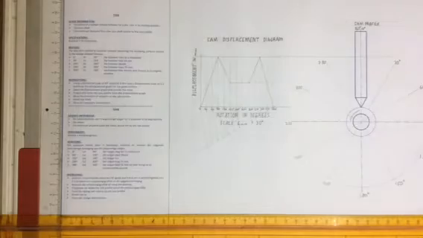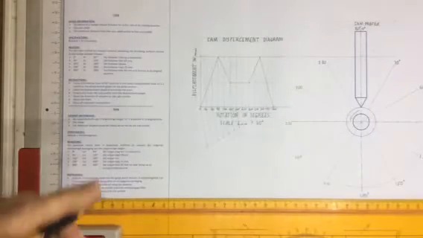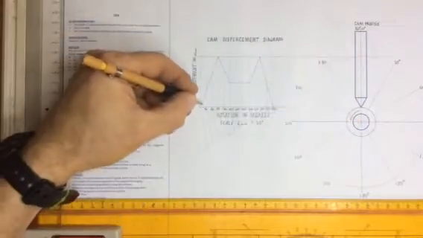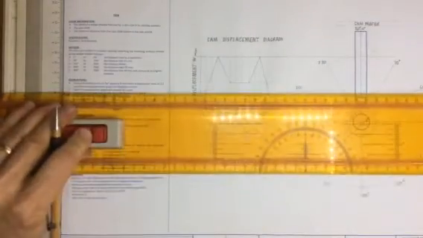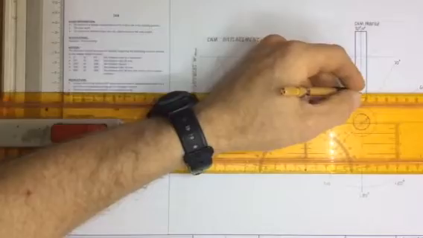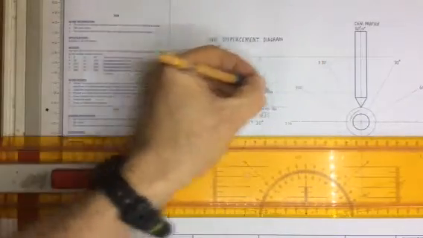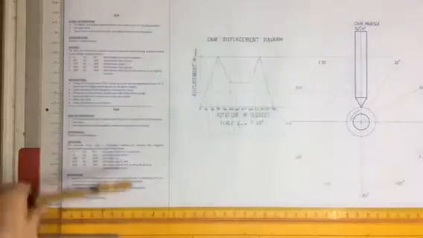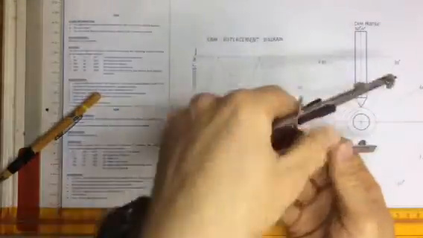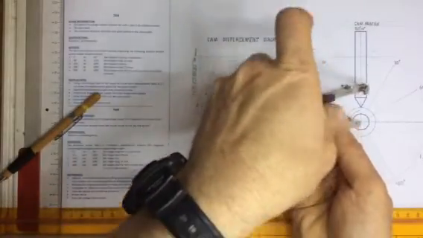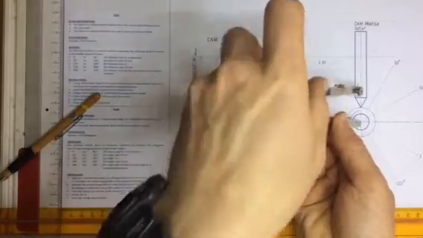Once I've got that in place, I can say, at naught, there's my point naught. I then move up to 30. I take a line going across from that intersection over there to this line over here. I'm now going to draw an arc with my pair of compasses going back from that point to 30.